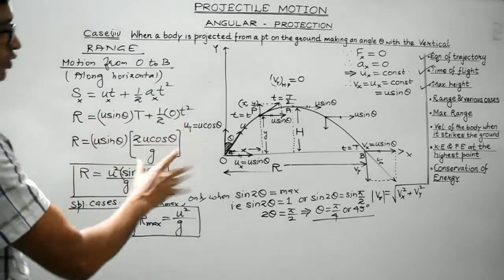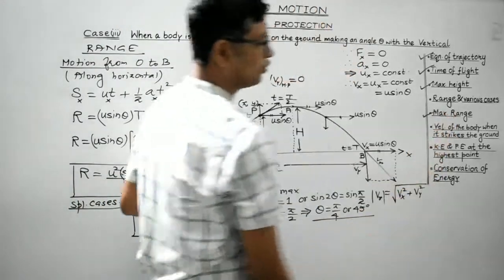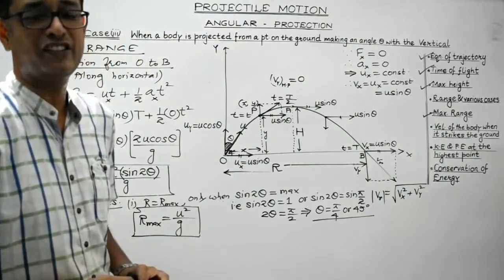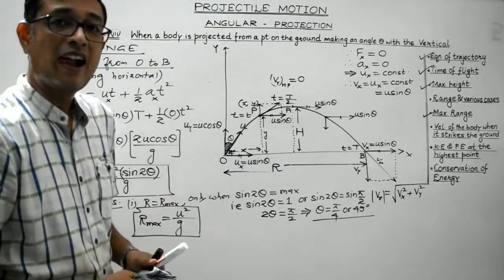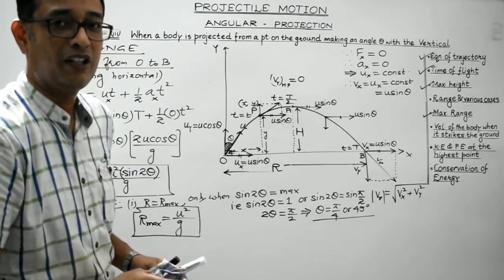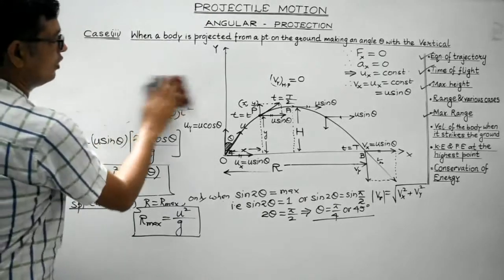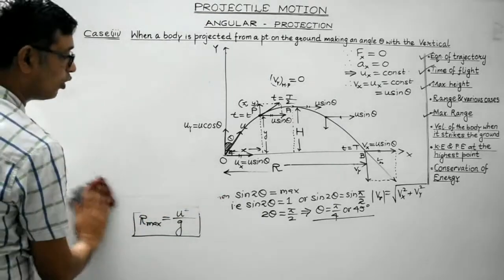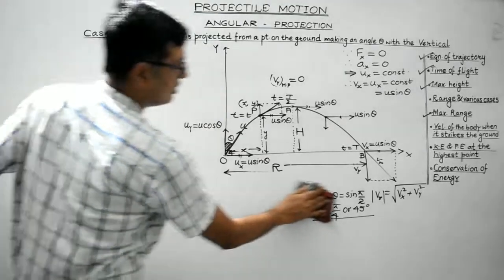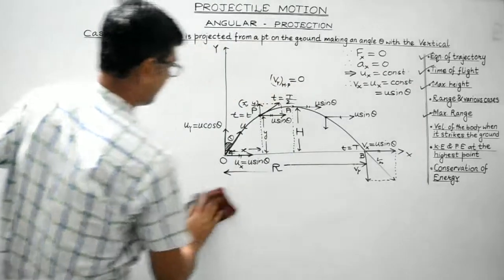I hope you have understood this topic. So we have done this maximum range as well. There is a second case left, which is for a given velocity of projection, we will prove that the range of a projectile for angle of projection theta or 90 minus theta, it is same. We can easily verify this fact, right?